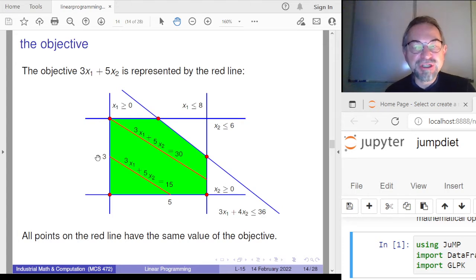But there's never any reason why you would stop at 3. So if you have to decide between the two, you will immediately go for 6. So you will immediately go from 0, 0 to 0, 6, where we have a profit of 30.